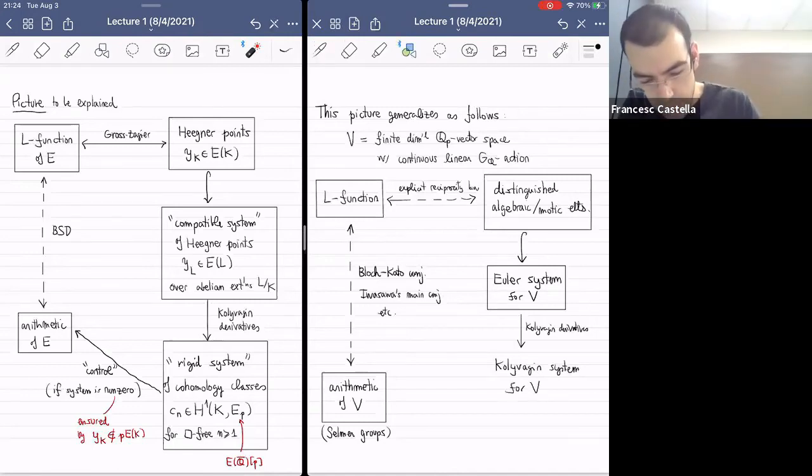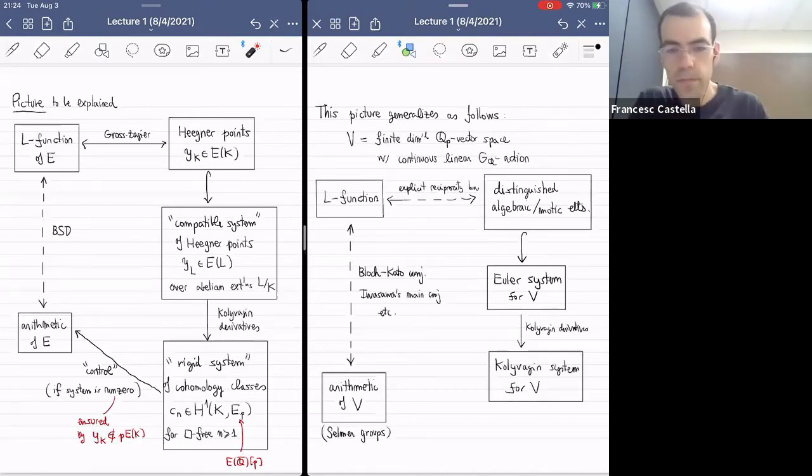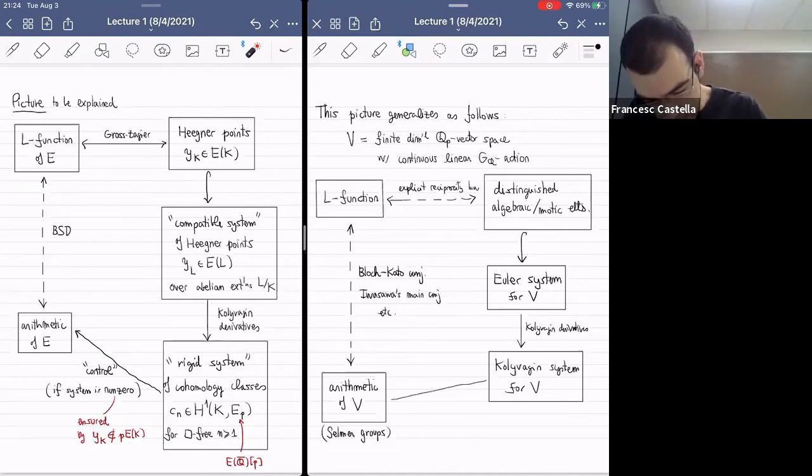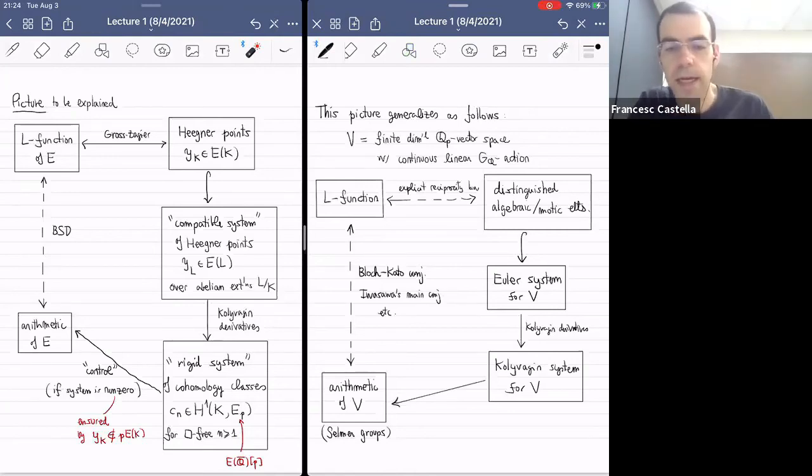Okay, so this terminology was introduced by Mazur and Rubin almost 20 years ago in a beautiful work where they systematically developed a generalization of these arguments introduced by Kolyvagin. Okay, and then once one has this system, whenever the system is non-trivial, one can again get control on the arithmetic of it. And this control will be possible in good cases where the system is non-trivial.